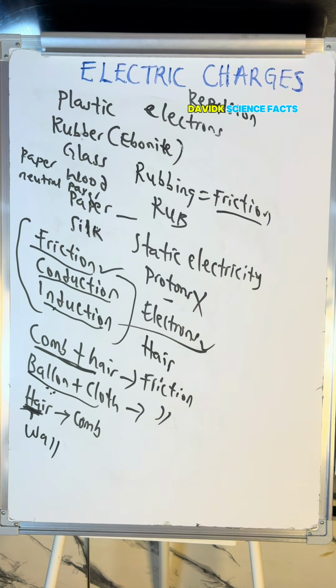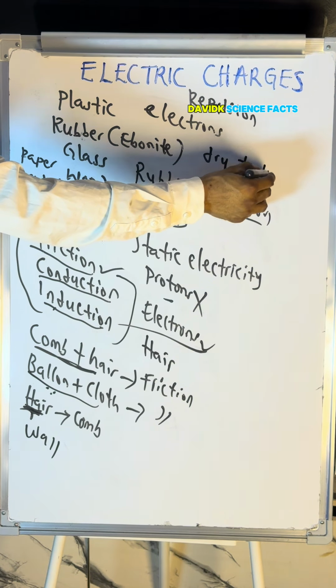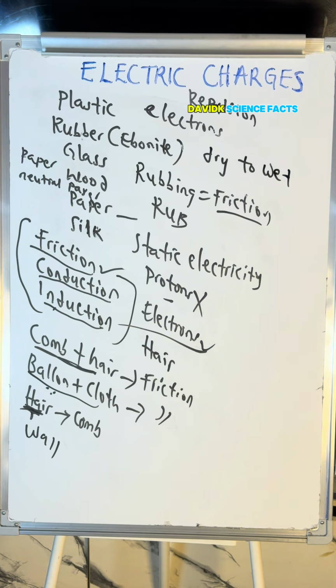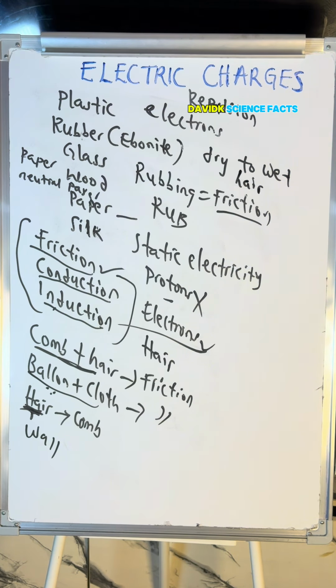You understand? That is why mostly in exams they like making use of dry hair instead of wet hair. Dry hair works better because water or moisture allows charges to leak away. So in dry conditions, charges stay longer.